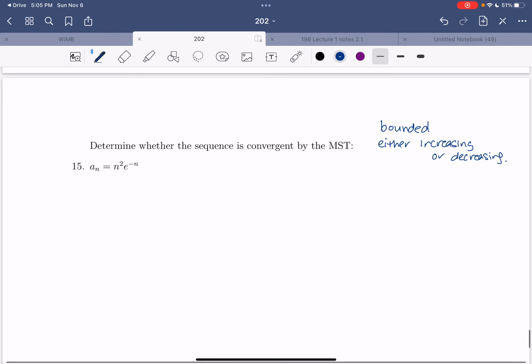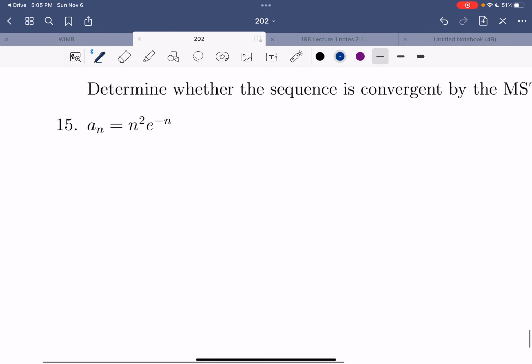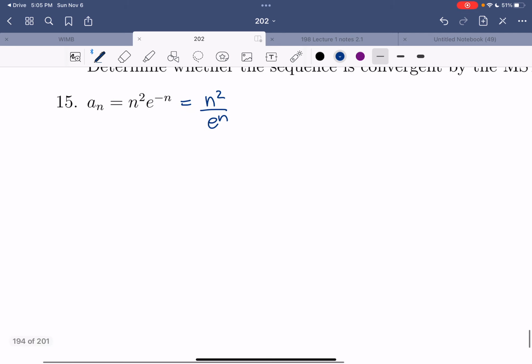Okay, so how do we do that here? First thing I'm going to do is rewrite this as n squared over e to the n. Okay, and we want to see what happens here. So if you think about this, n squared on the top, e to the n on the bottom. E to the n is a much more powerful exponential than a polynomial, so that's going to pull it down to 0. So this should be decreasing. That's what we want. Let's look at the first few terms to make sure.